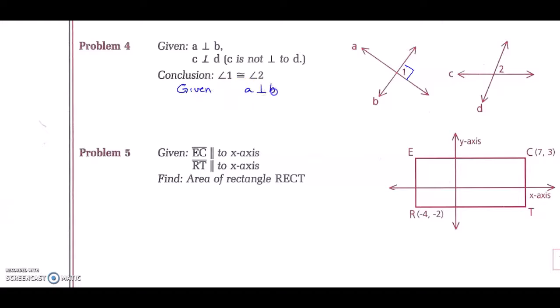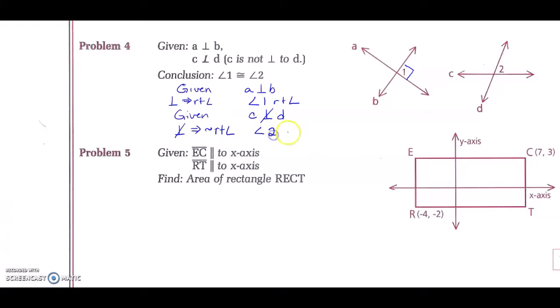A is perpendicular to B, and we know that perpendicular implies a right angle, so angle 1 is a right angle. We're given that C is not perpendicular to D. If it's not perpendicular, then it's not a right angle.